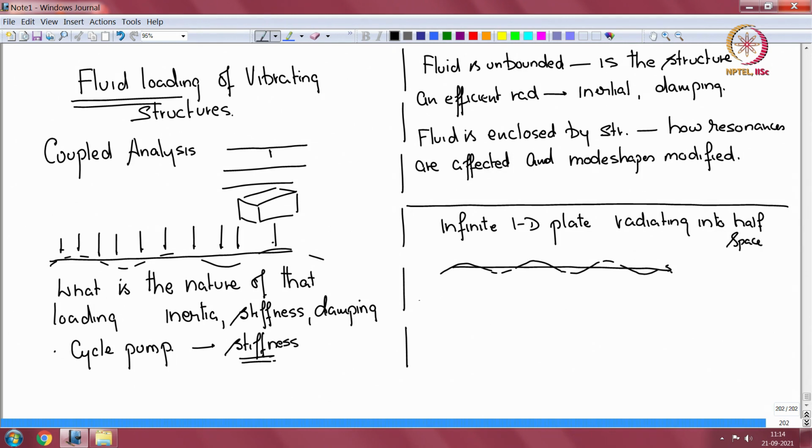So the plate equation, the governing equation, is D, the stiffness, del 4 eta, the displacement, plus mass per unit area, del 2 eta by del t squared, and I am exciting it with an excitation of this form.